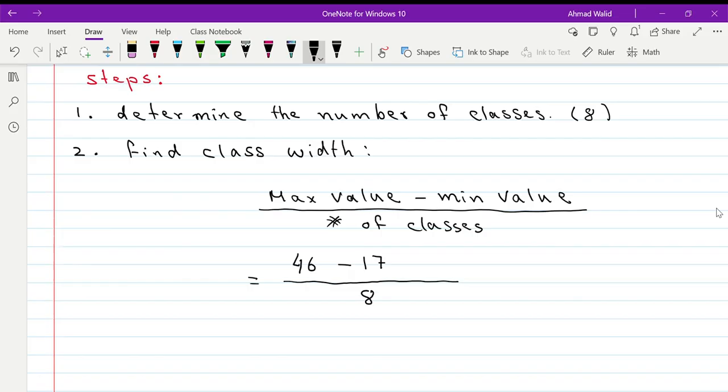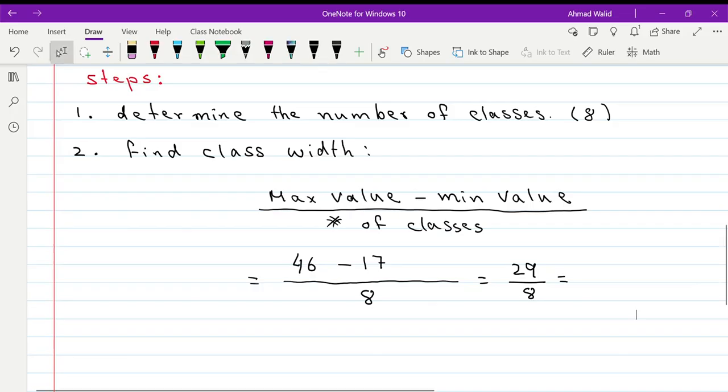Divide by 8, which gives you 29 over 8. As you see, 8 doesn't go perfectly to 29, correct? You have to use your calculator and find a decimal number for this, correct? When you find a decimal number, it gives you a decimal number here definitely. Count up to 3 decimal place, correct?